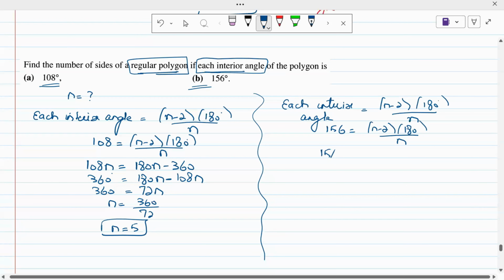So 156n is equal to 180n minus 360, and 360 is equal to 180n minus 156n. So 24n is equal to 360. n is equal to 360 upon 24. That is 15. So it's a 15-sided figure.